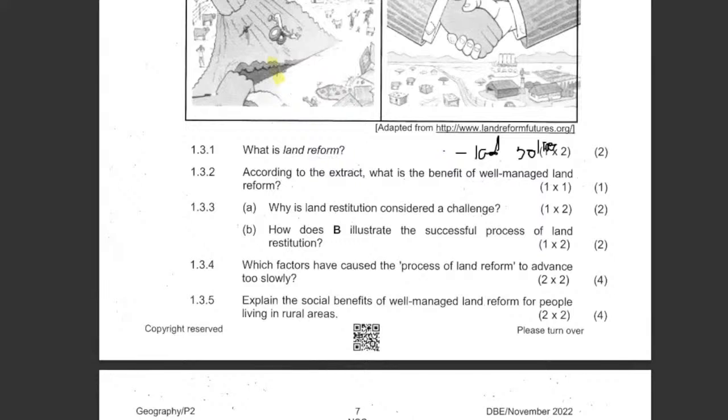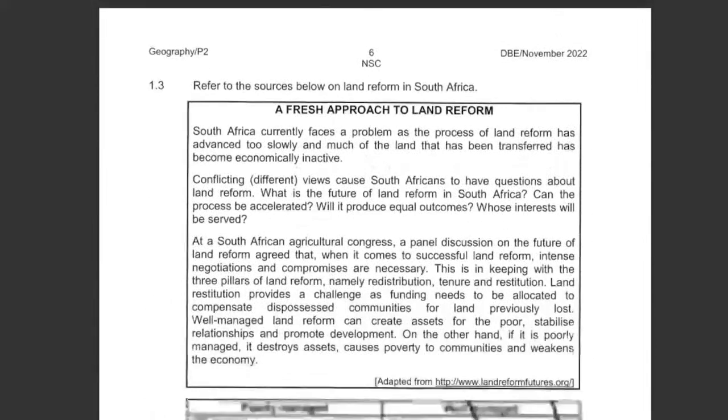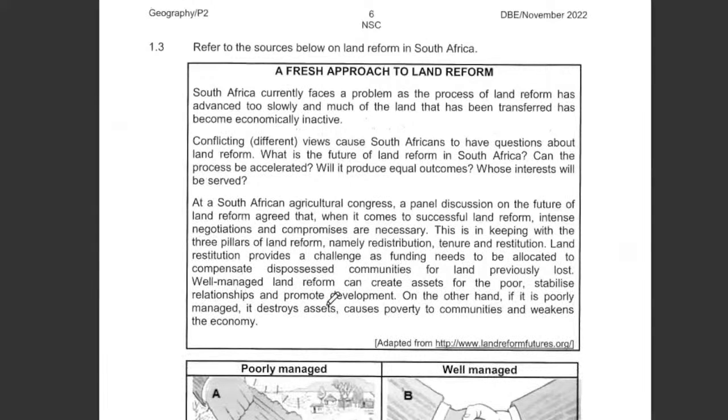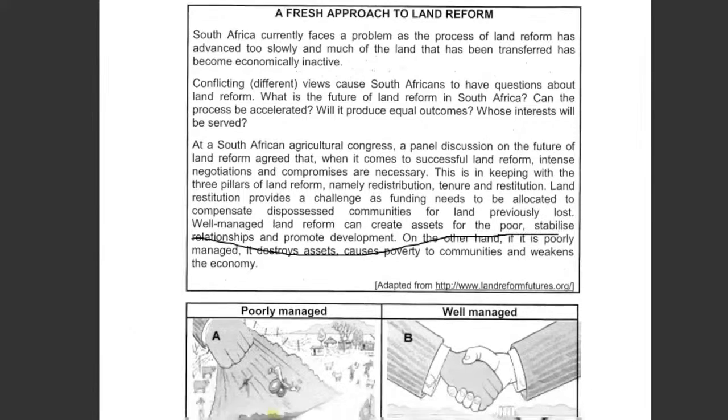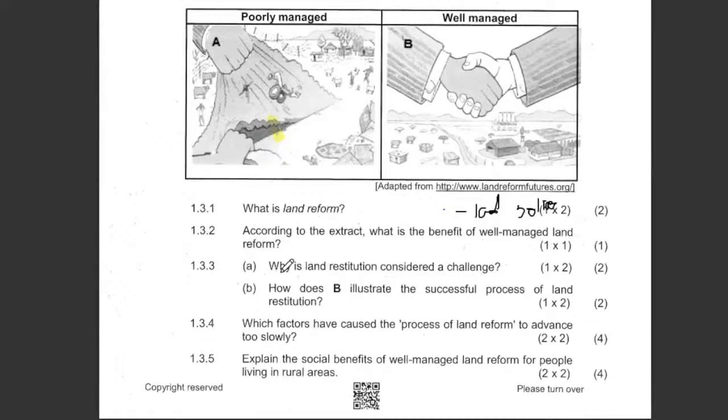Somewhere when you read the land reforms here, they're telling you that well-managed land reform can create assets for the poor, stabilize relationships, and promote development. So this is where we get our answer for this question. Okay, then we proceed.